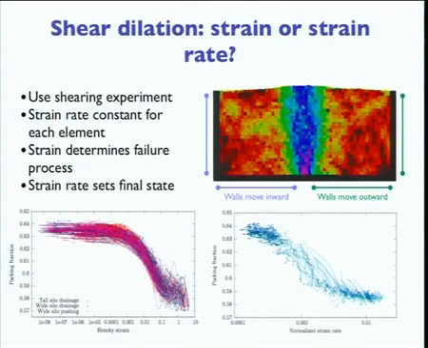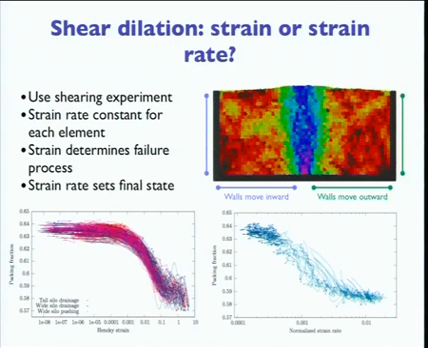Another thing we can do is look at shear dilation more carefully. There's some debate in the literature, with some models based on the total strain of a material, and other ones based on strain rate. One thing that's very useful here is a shearing experiment, where we move the walls on one side inward and the walls on another side outward.